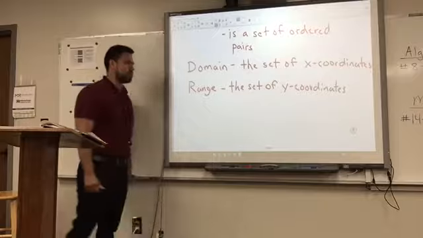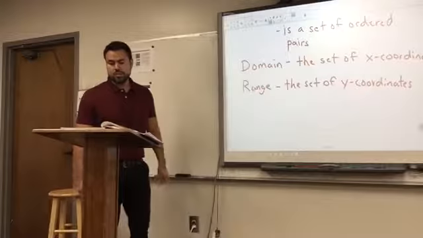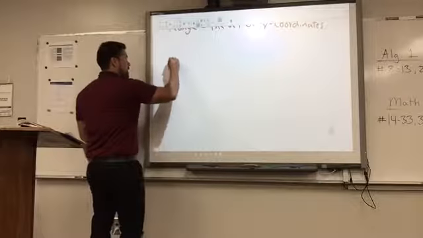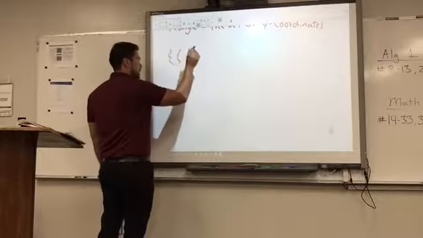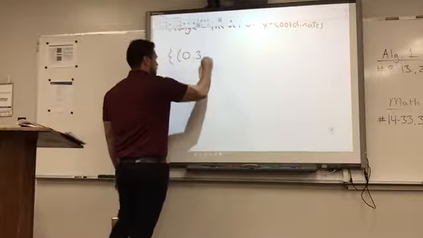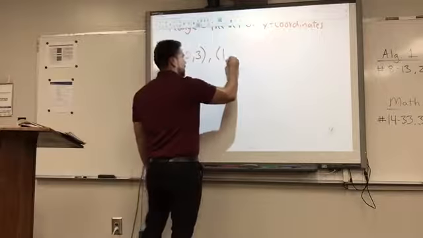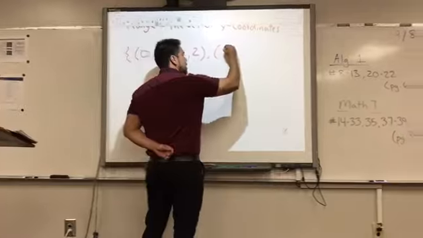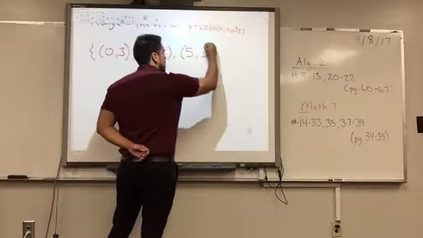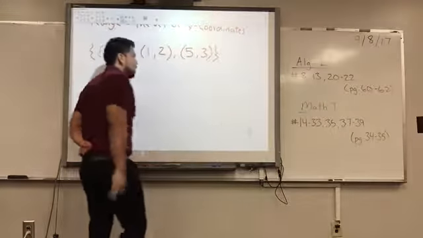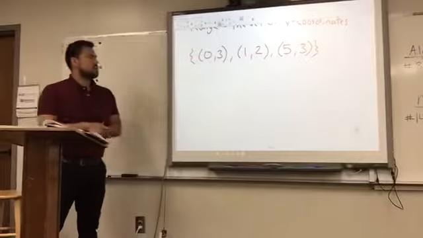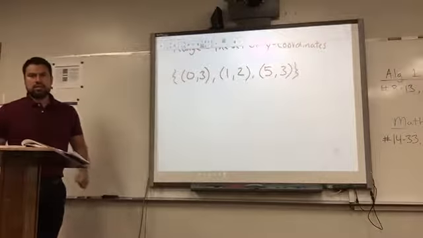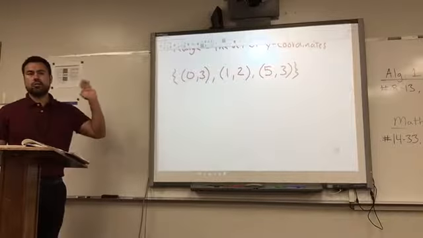Okay, so what are we talking about? Let me just give you a couple examples here. I'm going to give you a set of ordered pairs. So write this on your paper here, and I'm just making these up as we go right now. I call this a set of ordered pairs.